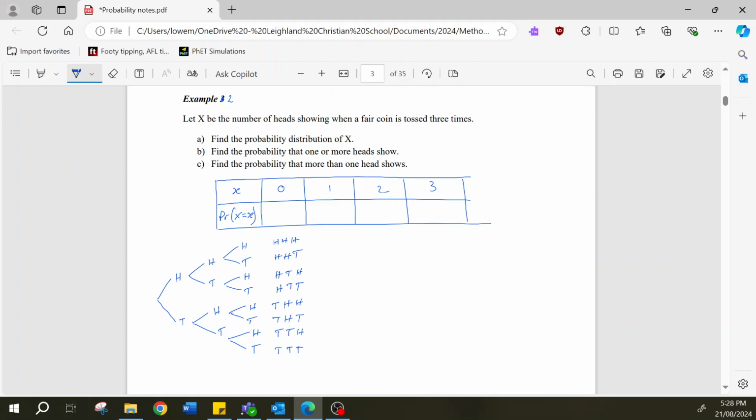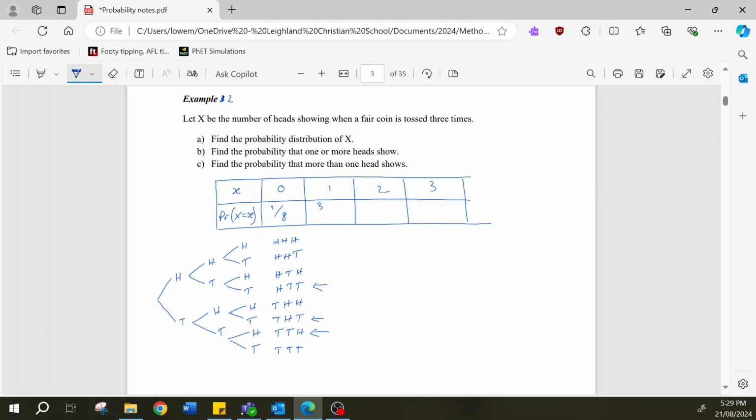And so here we're looking for the probability of no heads, and that's referring to this outcome here, which is 1 out of 8. 1 head is going to be this one here, or this one here.